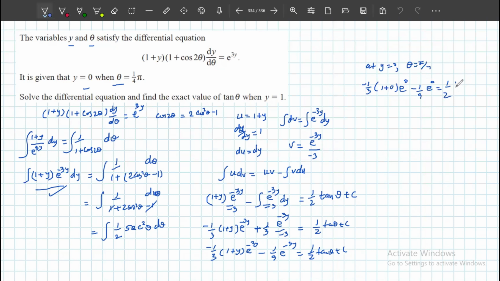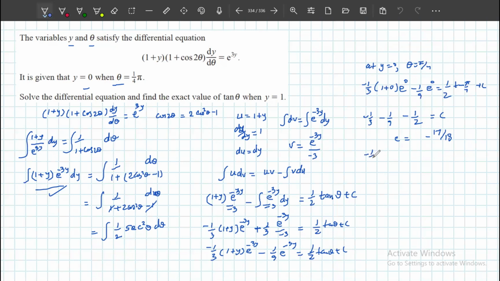Basically, if pi over 4 represents 45, so tan 45 we can check in a calculator as well. It gives us, and here we have minus 1 by 3, and because e power 0 is 1, so minus 1 over 9, and on the right hand side 1 over 2 into 1, because tan 45 is 1, so we can bring it to the left hand side, it becomes minus 1 by 2. And if you check all this in the calculator, you will get the answer c is equal to minus 17 over 18.